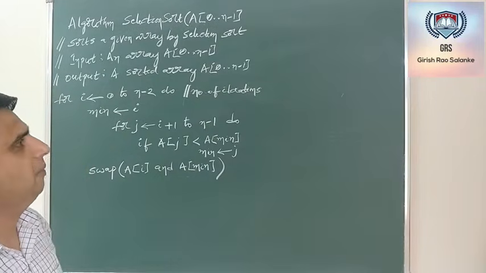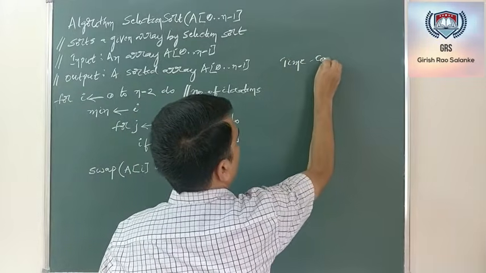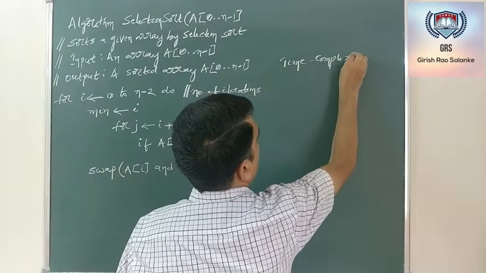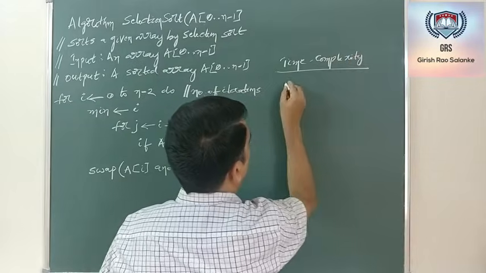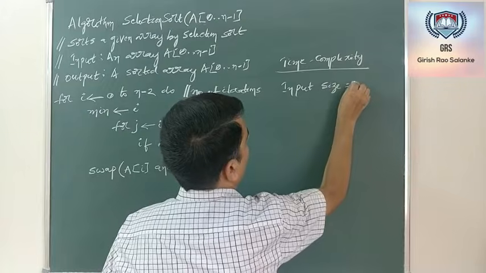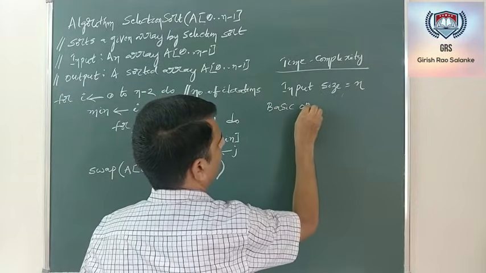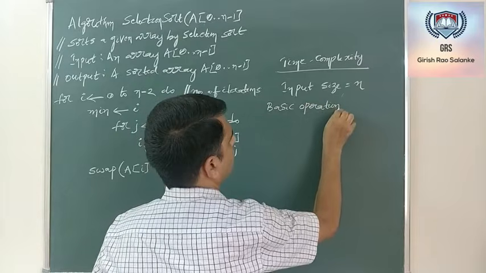Now coming to the time complexity of this particular algorithm. What is the input size? Input size is n. And what is the basic operation? The basic operation is comparison.